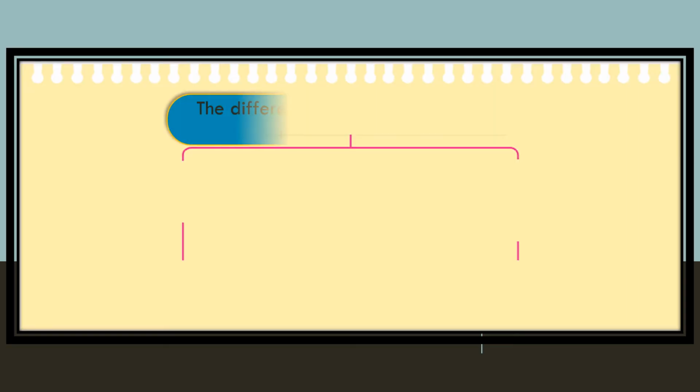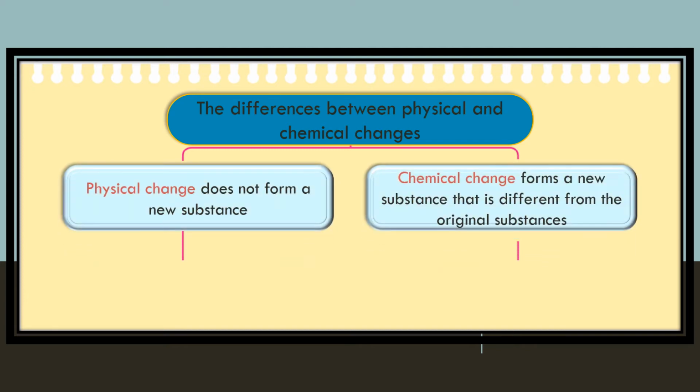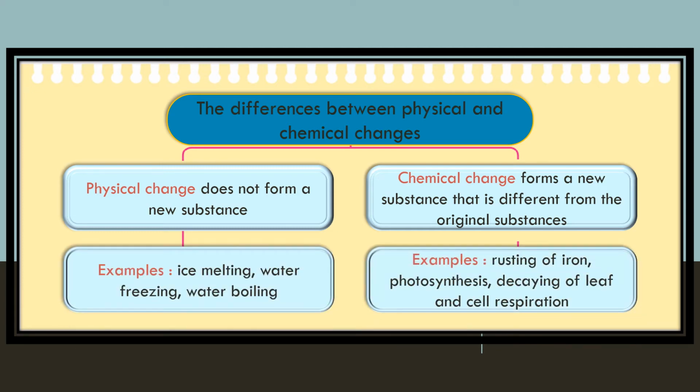Okay. So the differences between physical and chemical change. Physical change does not form a new substance, whereas chemical change will form a new substance that is different from the original substances. For example, physical change includes ice melting, freezing of water, and water boiling, from liquid to gas, which involves physical change only.